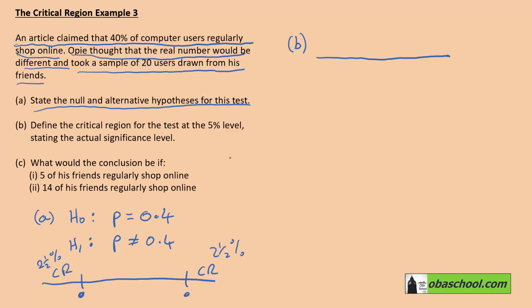bear in mind that the number of people he finds shopping is going to be binomially distributed. There were 20 friends, and we would assume the null hypothesis as the probability. Using this, I found that the probability of x being less than or equal to 3 was 0.01596, which is less than 2.5%.